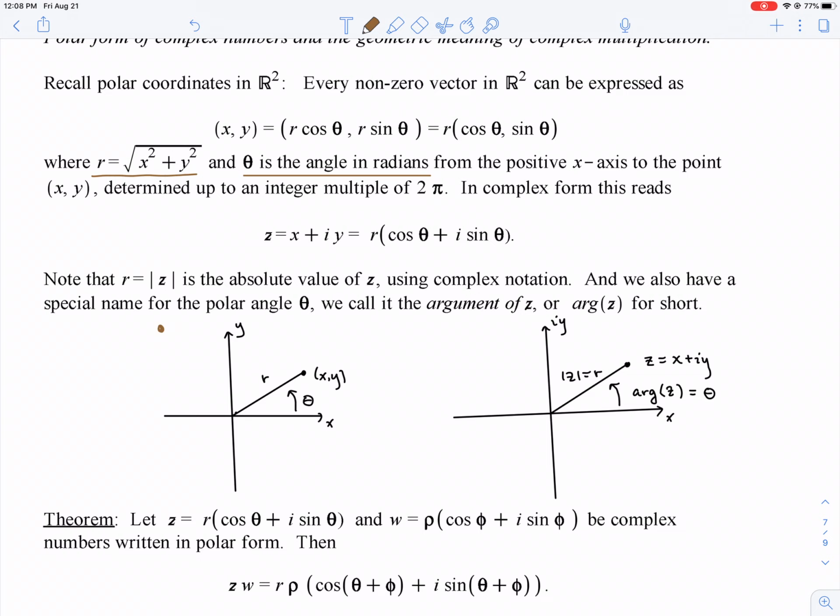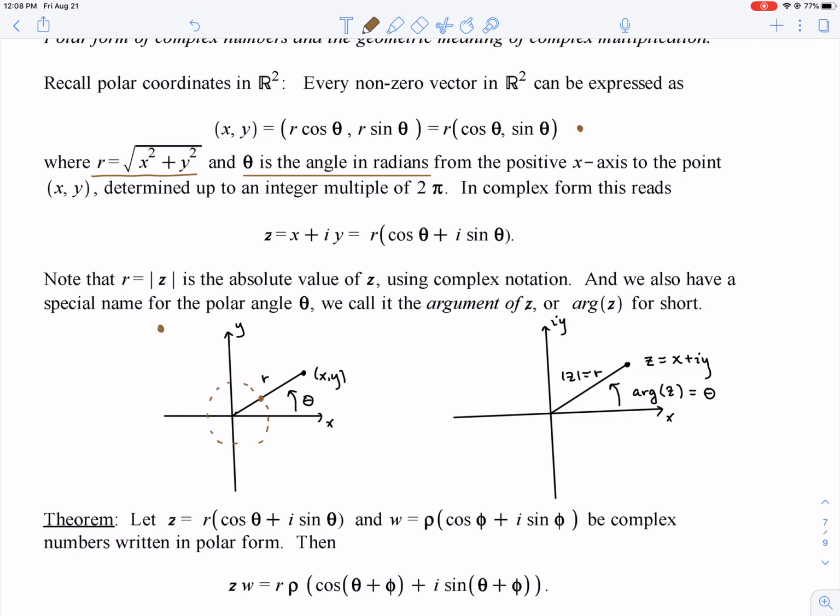And the identity relating (x, y) to r and theta is that (x, y) is r times the unit vector (cos theta, sin theta) on the unit circle.